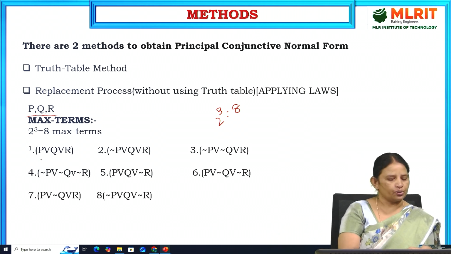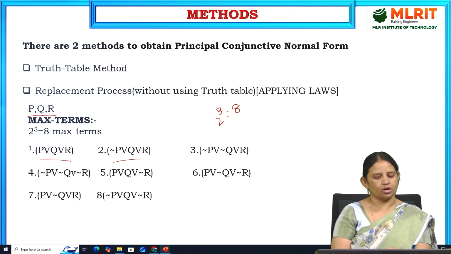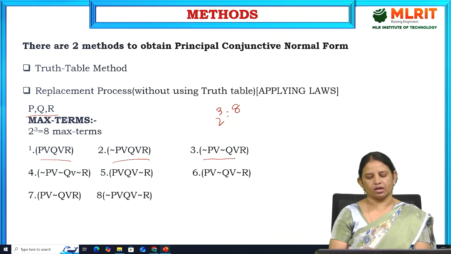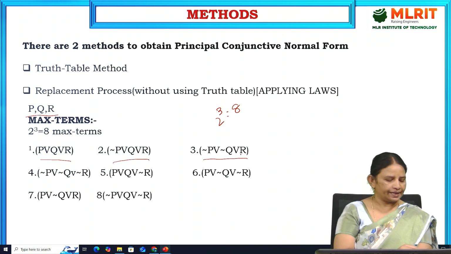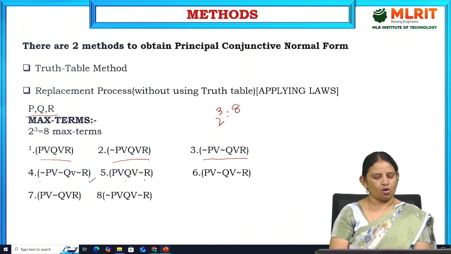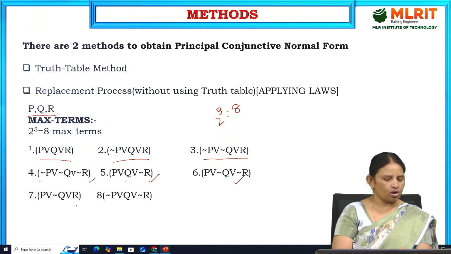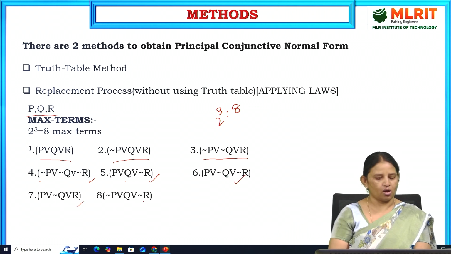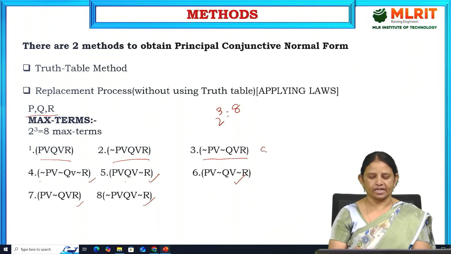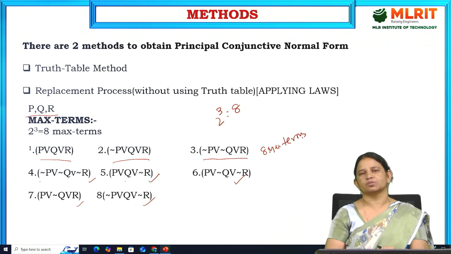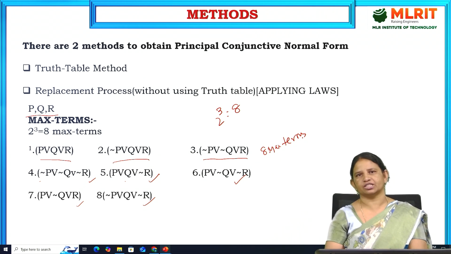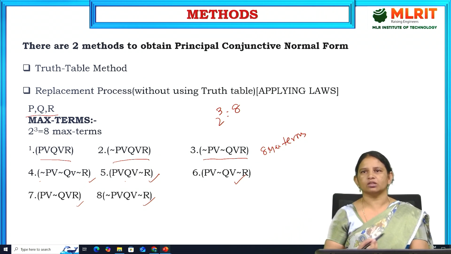The 8 max terms are: P or Q or R, negation P or Q or R, negation P or negation Q or R, negation P or negation Q or negation R, P or Q or negation R, P or negation Q or negation R, and so on. These 8 max terms are possible if the statement consists of 3 propositions or 3 variables.